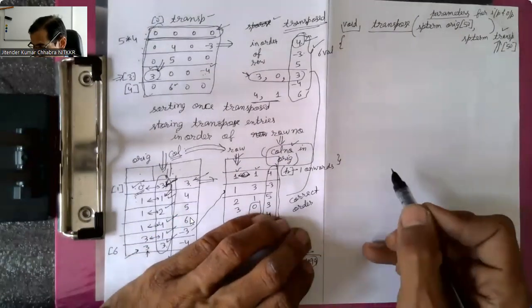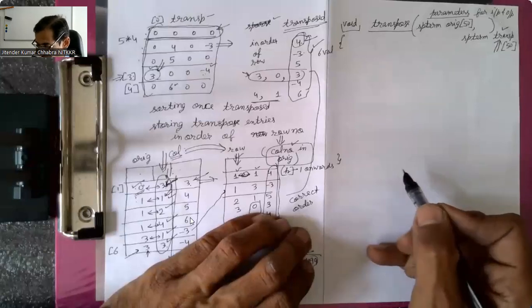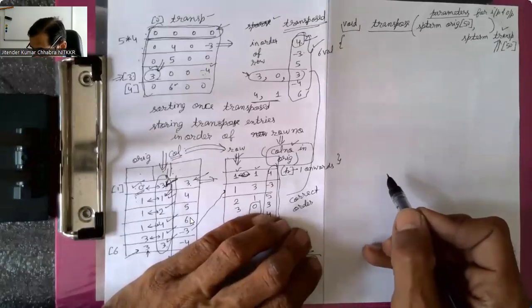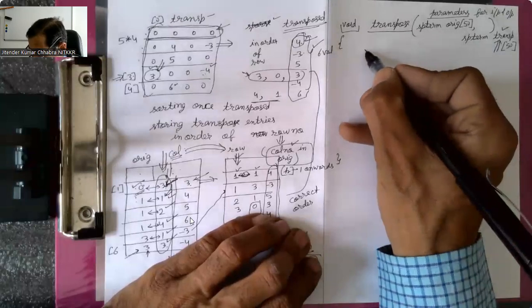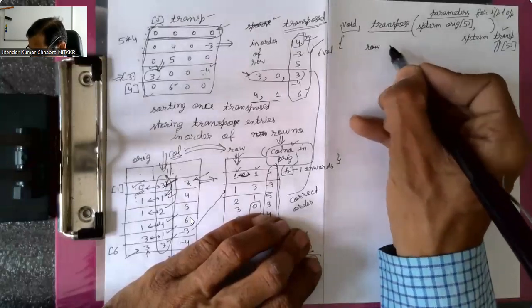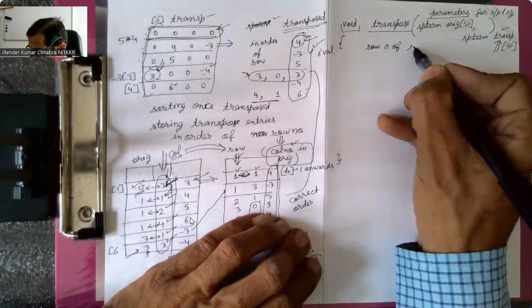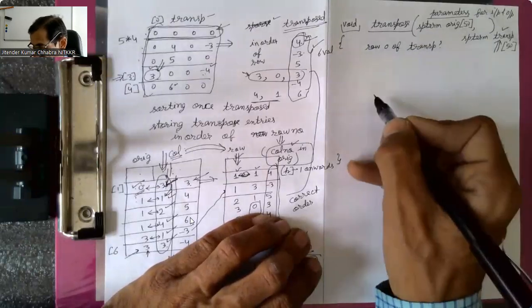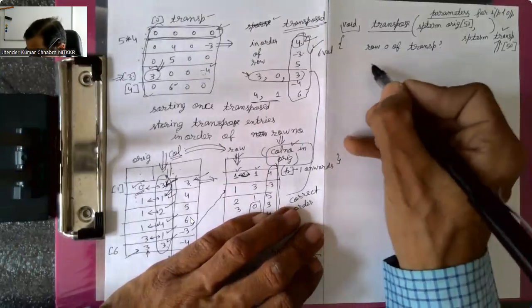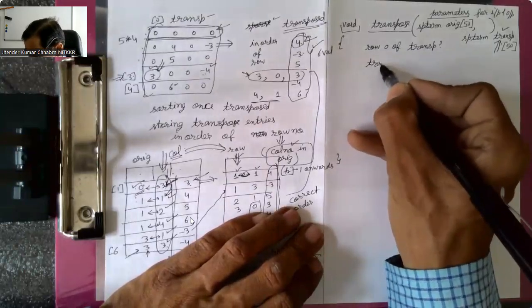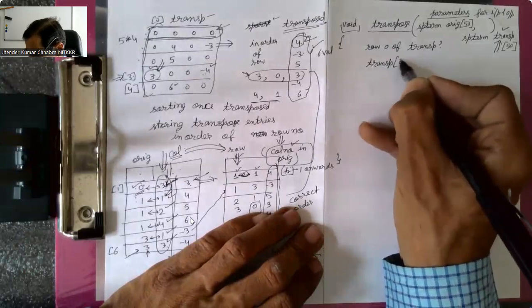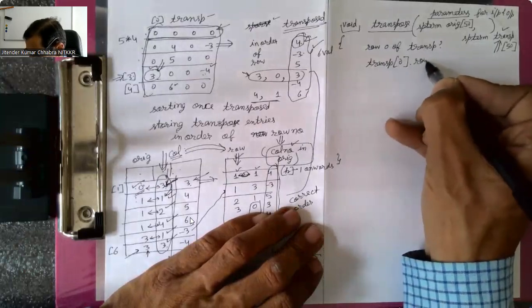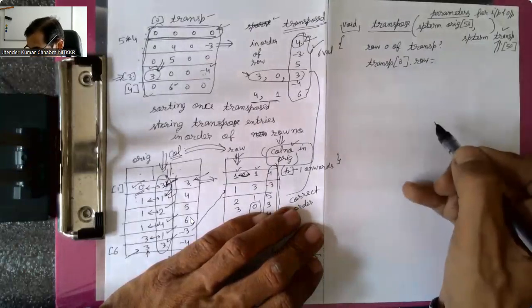Now I have to write the logic. First of all, how to start? Can I define row 0 of the transpose? That is straight away definable. I will say transP[0].row. Can you tell what it should be? Simple.